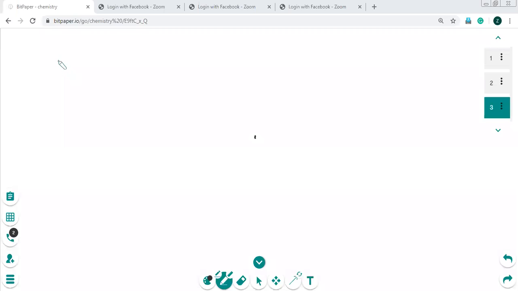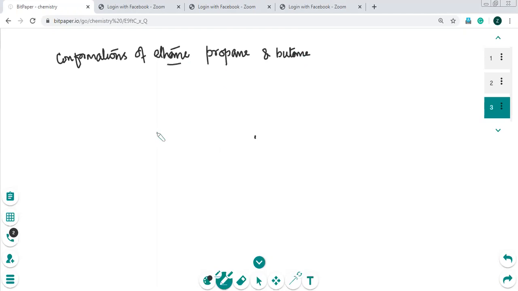The conformations of ethane, and I asked you to draw that of propane and butane, and to compare that of ethane and propane, and then draw that of butane.